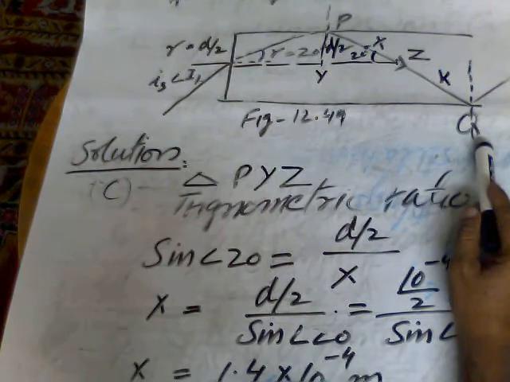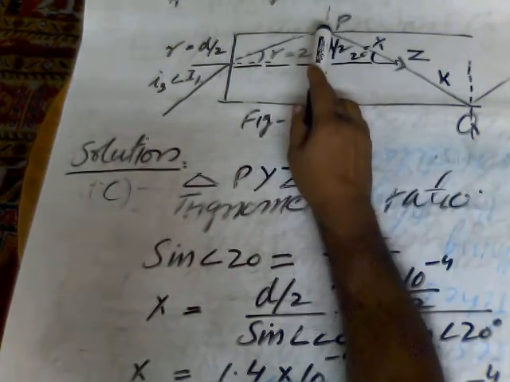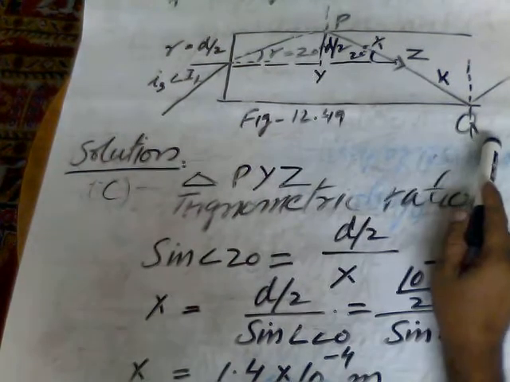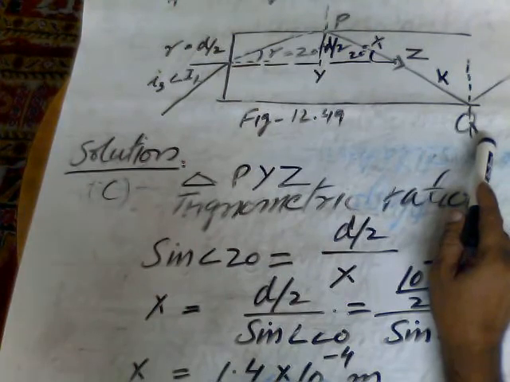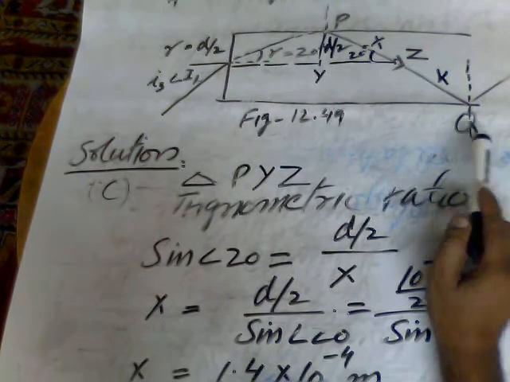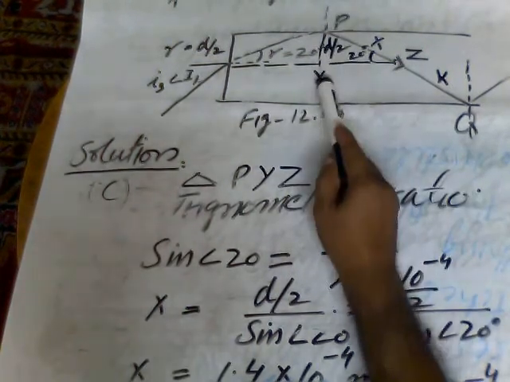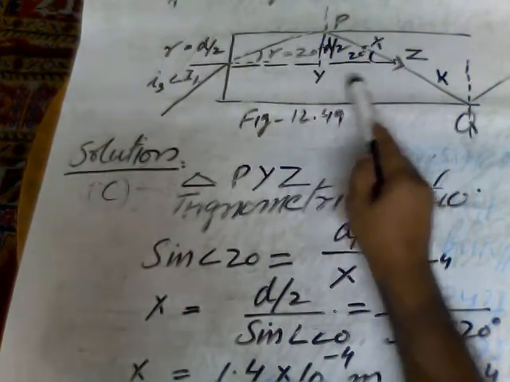To find PQ, first we consider the triangle PYZ, this small triangle.